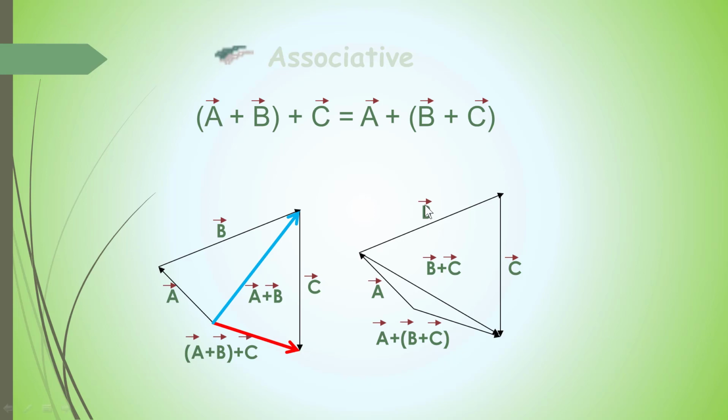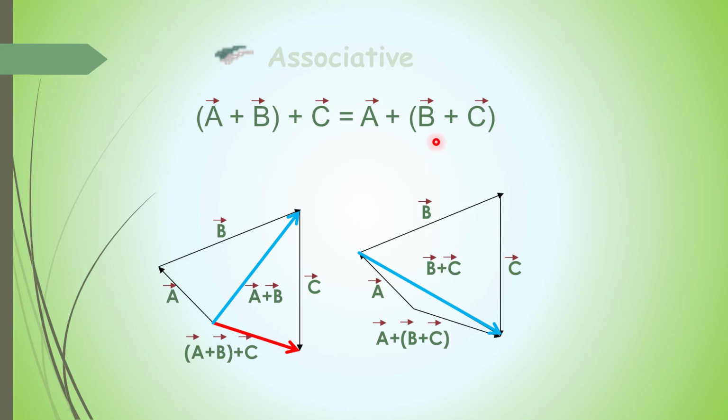Okay, now let's change the order. We are solving the right hand side over here. First we solve the parentheses, we add b and c. We have this vector b and this vector c. We add these two vectors, we get the resultant b plus c.